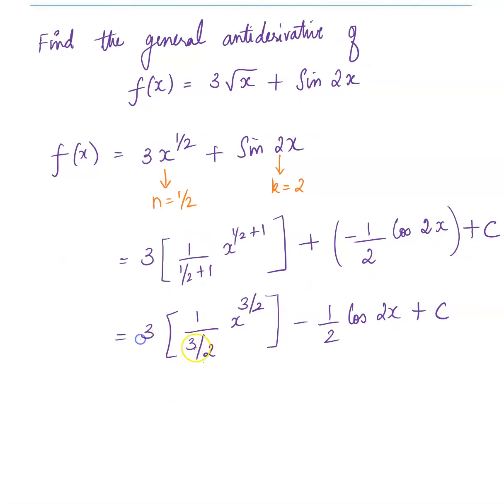This 3 and that 3 will cancel off, so we'll be left with 2x power 3 over 2 minus cosine 2x all over 2 plus c. This is a crisp way of writing them, but you can also write them as the coefficient separate from the cosine, no problem. So this would be our capital F of x, which is the general antiderivative.